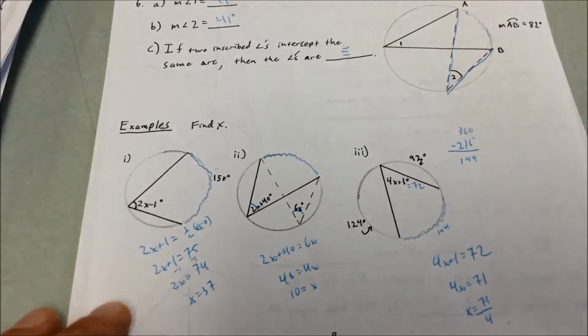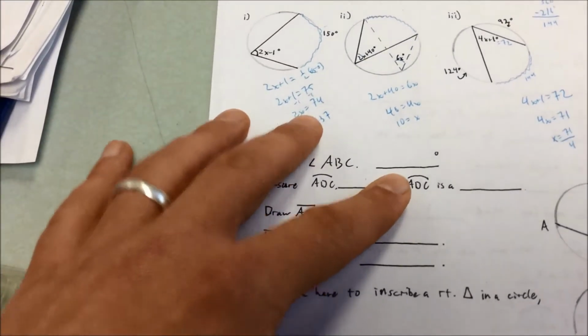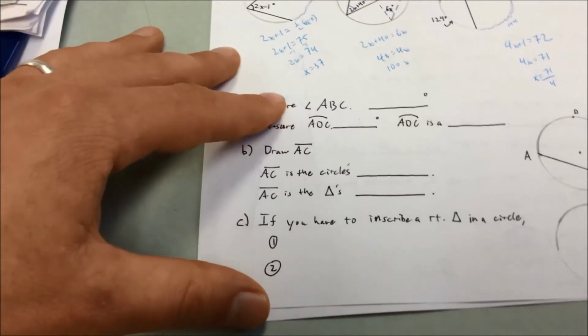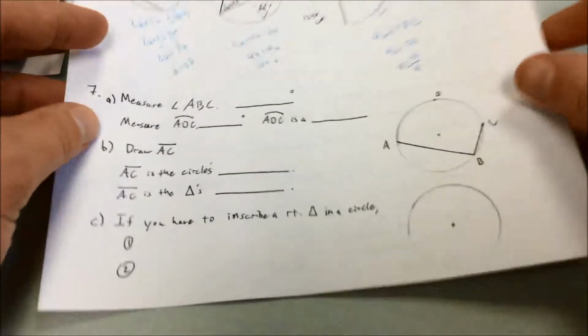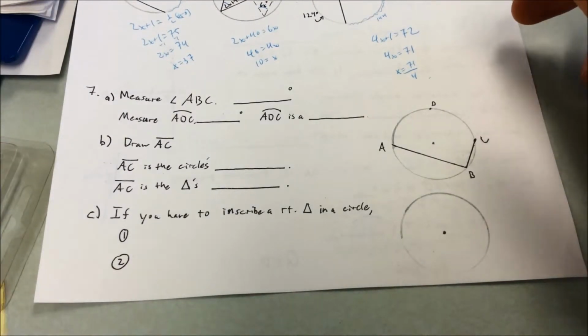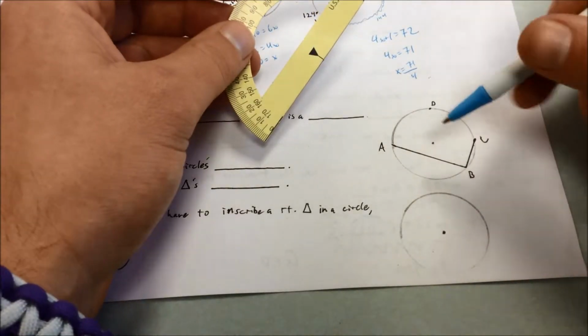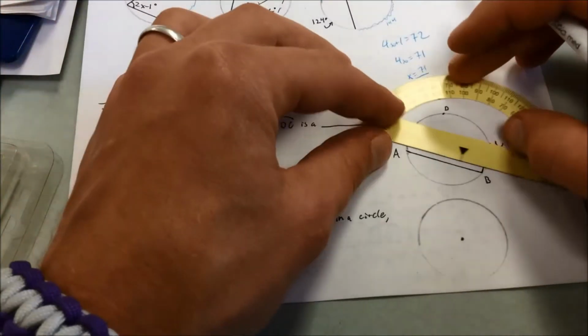Okay. Looking down at what happens if we have an angle inscribed in a circle. I'm going to measure this angle.